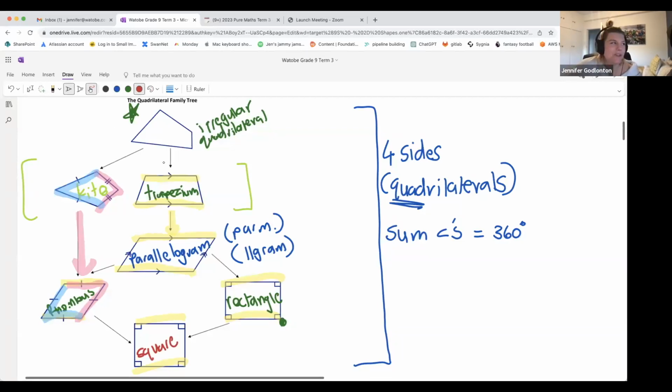I'm going to ask you a question now, and I want you to vote. Okay. So you're going to be saying yes or no. My question to you is, is a square a rectangle? Is a square a rectangle? Yes or no?